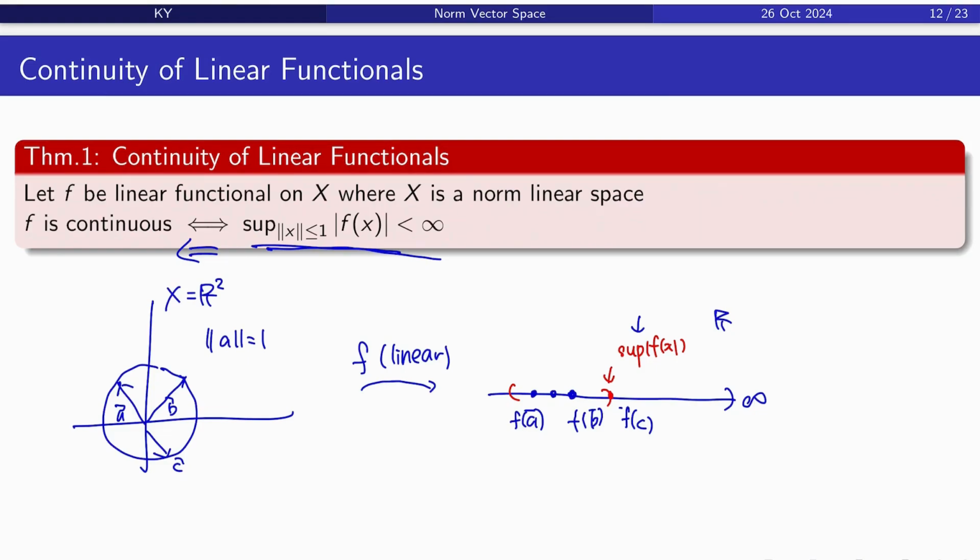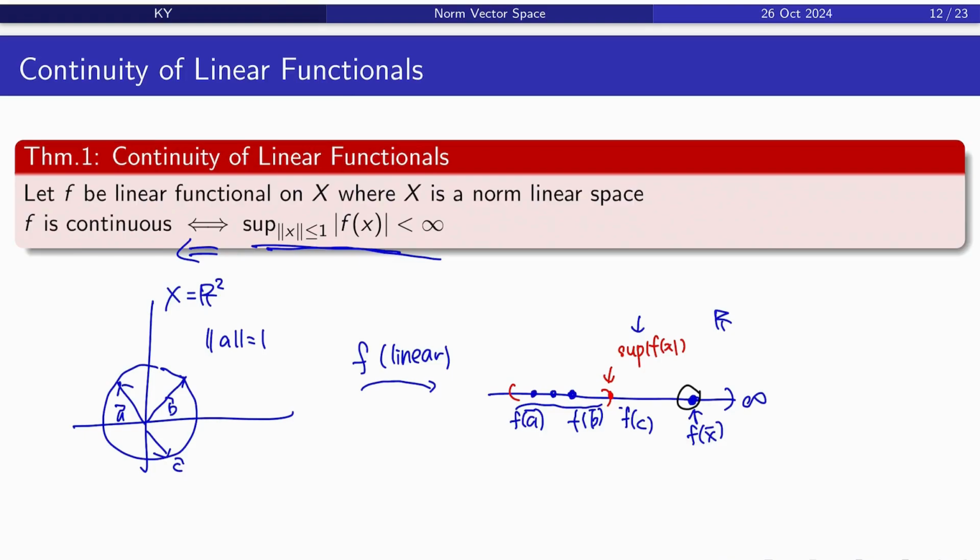Then we're saying that the outputs are going to be very close to each other, and there won't be a value that explodes and is far away from these values. Let's say we have a function mapped to here, a bit far away, then we're saying that the continuity is violated. So that's the idea.